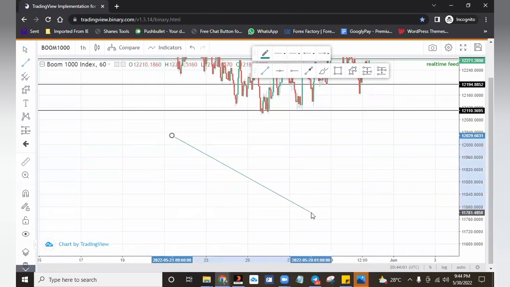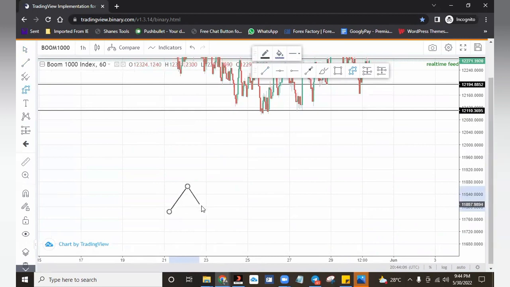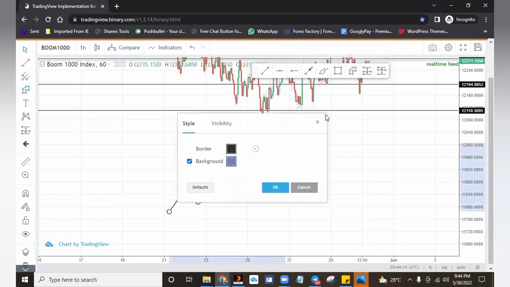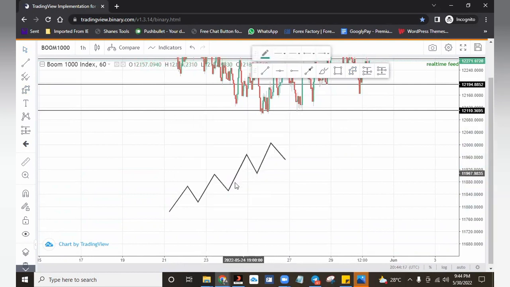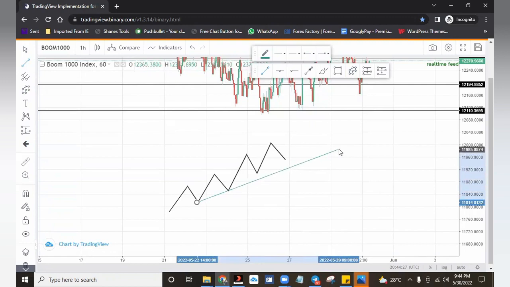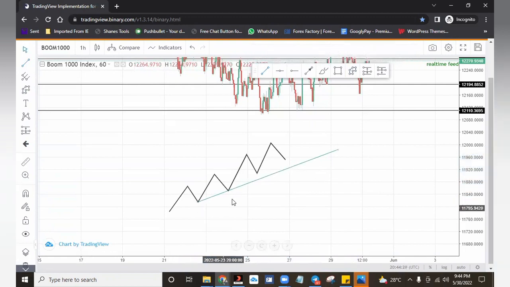For instance, in a bullish market, when you have price going bullish, higher high, higher low, higher high, higher low, here you want to bring out your trend line. You always want to make sure your trend line has at least 2 touches. So from here, this is the second touch, you drag it all the way up. The first touch, the second touch, and you notice the third low hasn't touched the trend line yet.